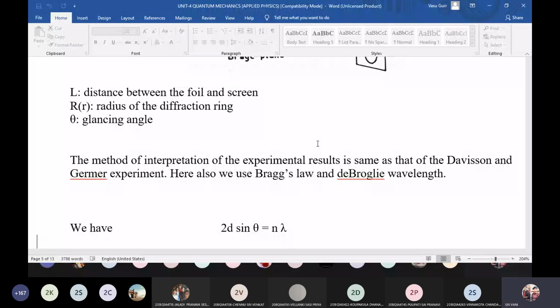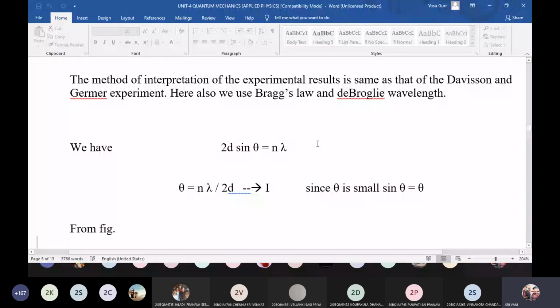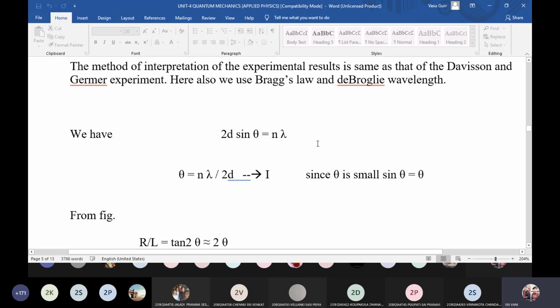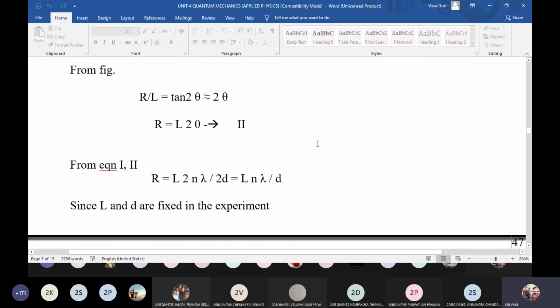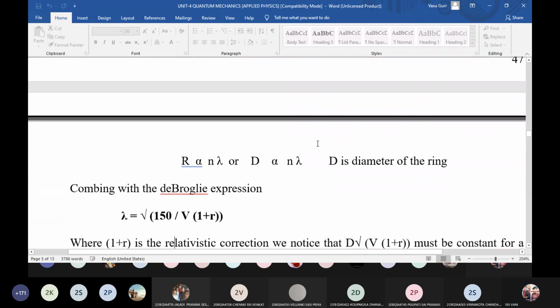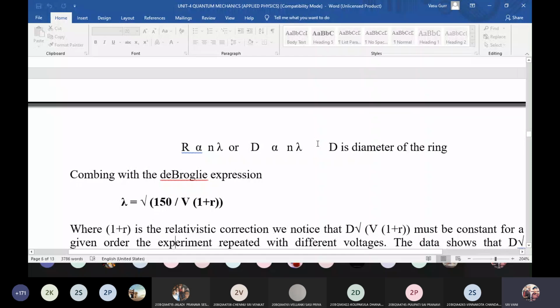So after learning about the experiments, already we studied that in the result, we use two formulas to determine the wavelength of the matter waves. One is Bragg's law, 2d sin theta is equal to n lambda, and the other one is the de Broglie wave equation, that is 12.26 by root V. That is originally the wave equation.